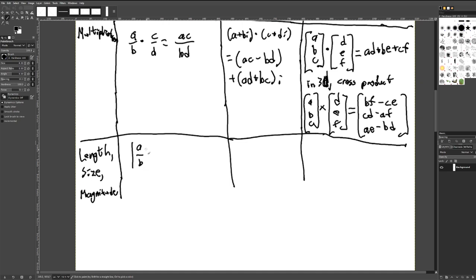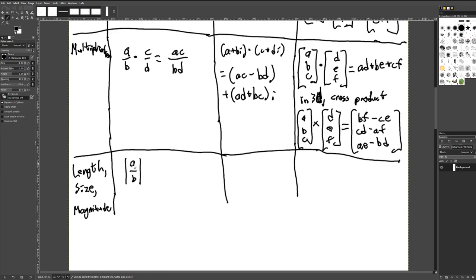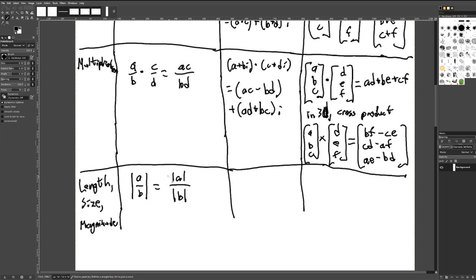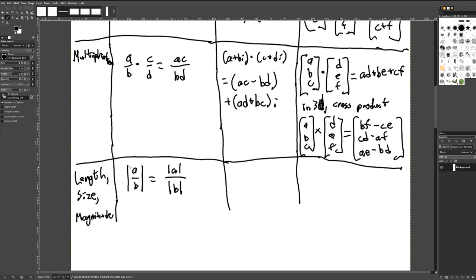The magnitude of a fraction a over b is just the absolute value of each. This is the absolute value, which if I had another column over on the left, I would have defined. But anyway, the magnitude of a fraction is just the absolute value of its component numbers.